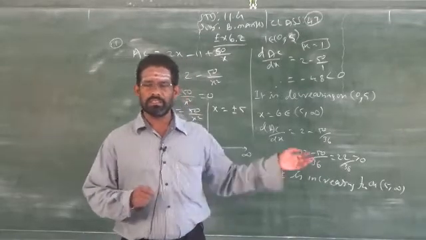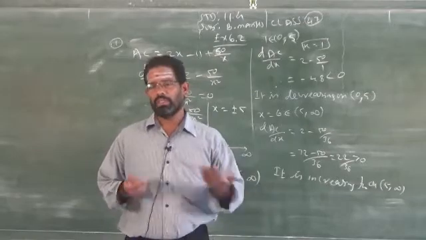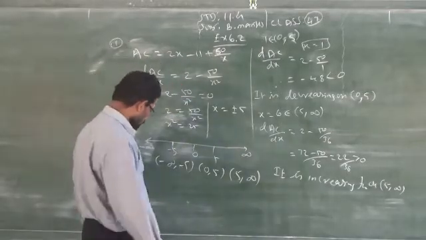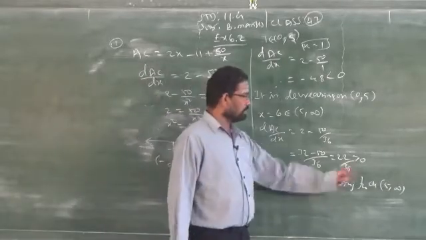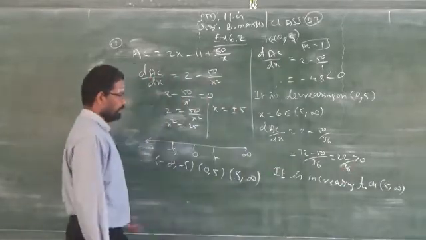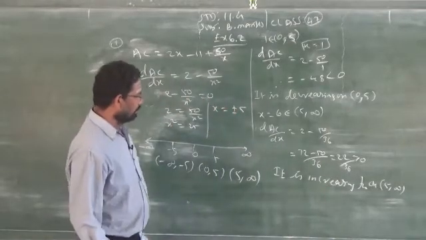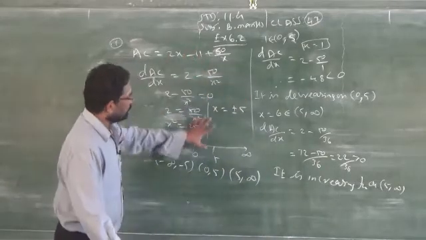When the result is not 0, starting from 1 onwards, then it is called strictly increasing or strictly decreasing. So here it is more than 0, therefore you write only that it is an increasing function on 5 comma infinity. In the book, only this part of the answer is given, but you have to follow the process.